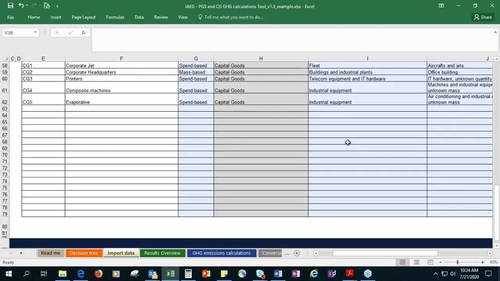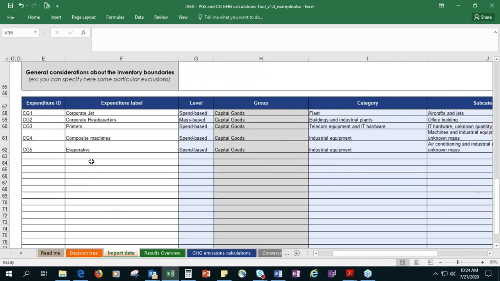Again, for capital goods, it's very much the same process. So we'll add a line item here, capital goods 6. Let's say we bought some fleet vehicles for a site. We'll say 6 trucks. Oftentimes for things in the capital goods category, spend-based is more appropriate.